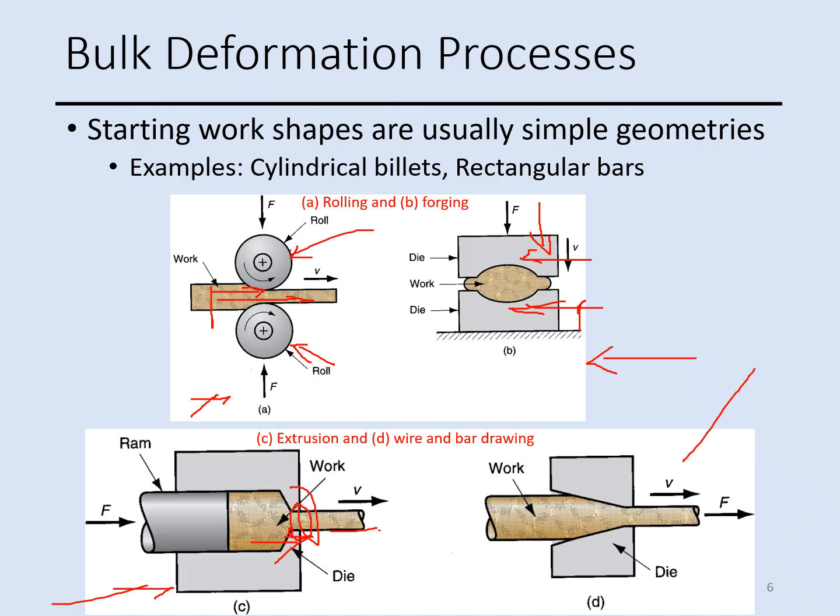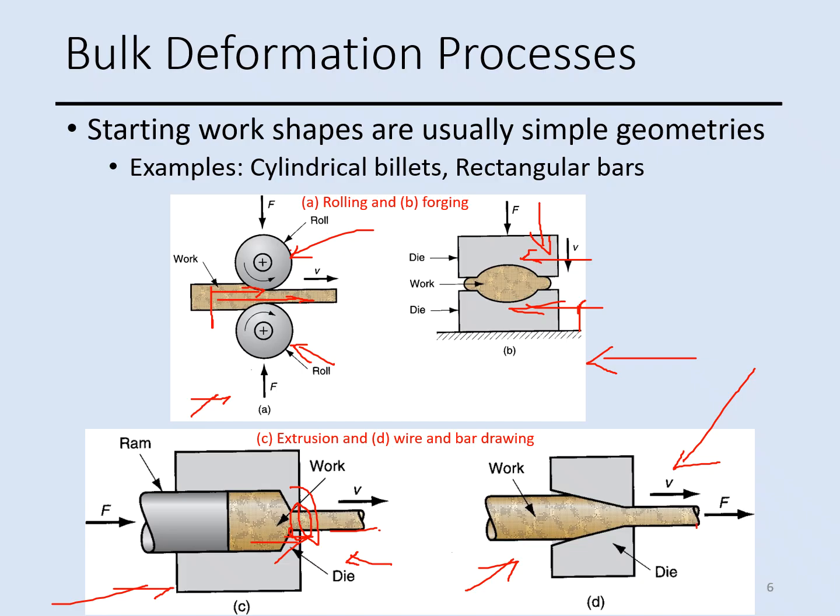The last process is this one, and it's called drawing. It is another forming process where the diameter of a round wire or a bar is reduced by pulling it through a die opening, right? So these two processes, C and D, are very similar, but as you see, the force that is applied to the workpiece is different.